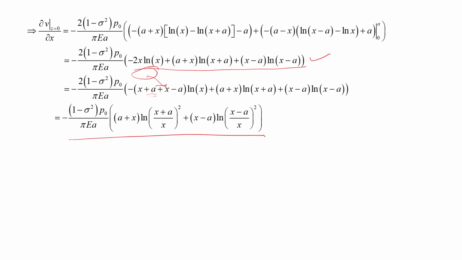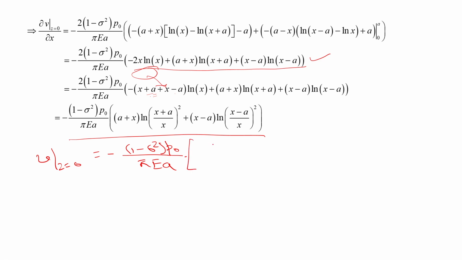It is just a little algebraic manipulation, and now we can obtain that v at z equal to 0 is minus 1 minus sigma square, p 0 by pi E a, and we need to integrate it.